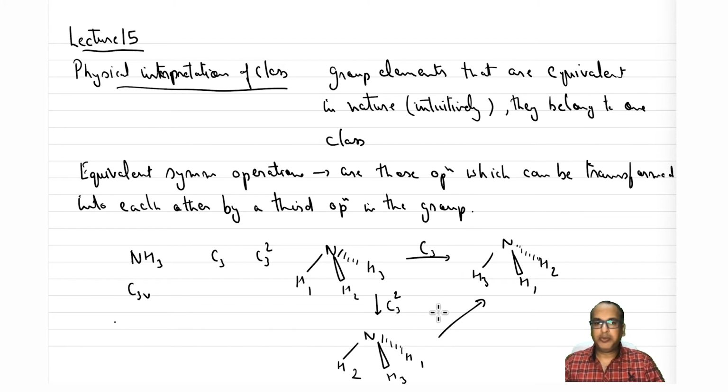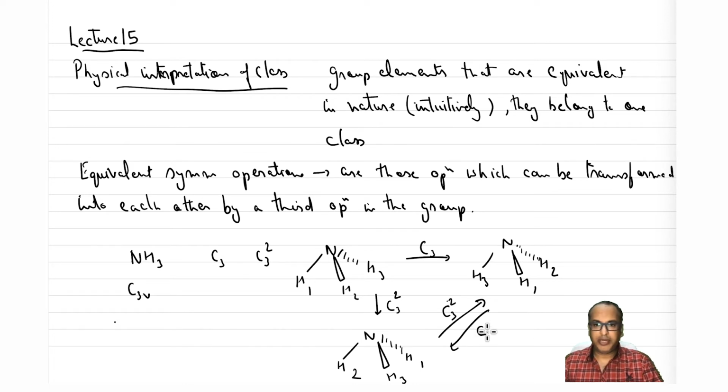So I can say that this is C3. In this case, actually, this is the same, but the effects of the two are still interrelated by an element in the group. Similarly, here also I can go by C3 square, right?